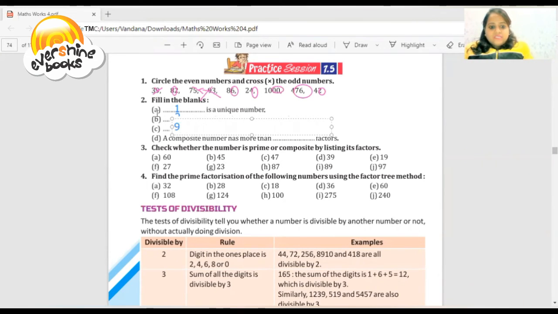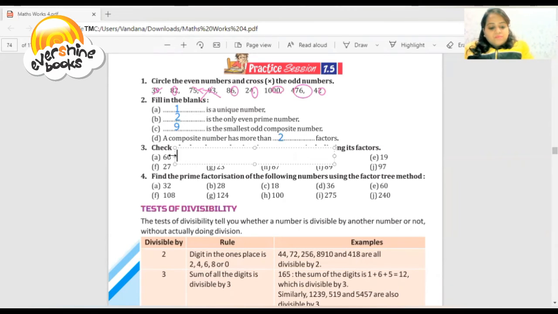The next one: a composite number has more than 2 factors. Okay. Now check whether the number is prime or composite by listing the factors. 60 is your composite number, as it comes in many tables like 5, 15.